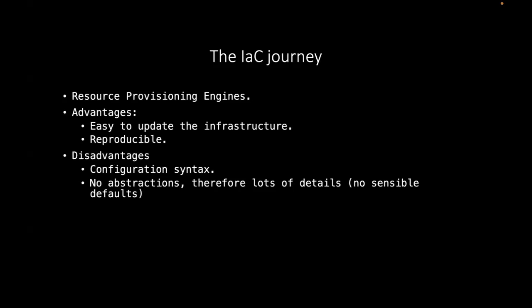And also in the template, you had to specify all of the settings that you wanted for your particular resource. There were no abstractions available to you. There were no kind of default settings. You had to be specific about all of the settings of a particular resource that you wanted provisioned. Hence, the CloudFormation templates were just very long and became difficult to read.